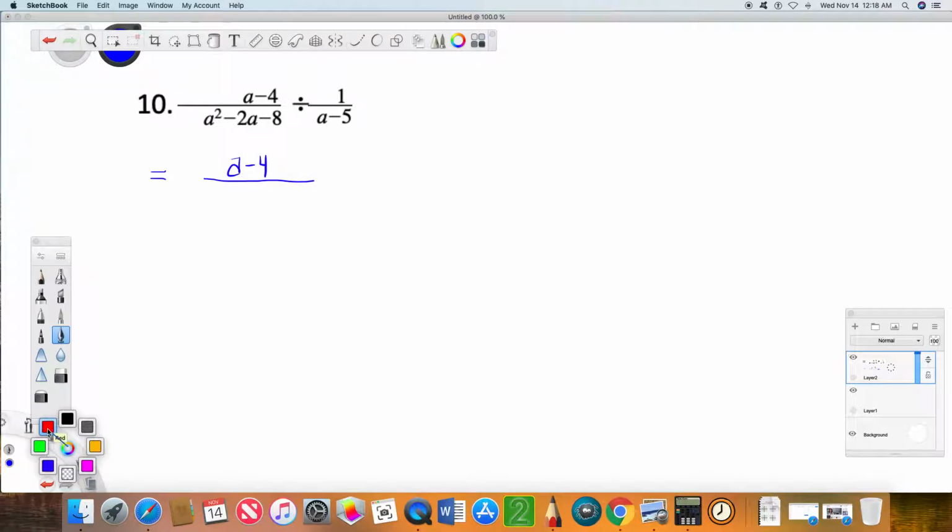So I'm going to come off to the side, and I've got a squared minus 2a minus 8. And the technique that you learned in Algebra 1 for factoring trinomials we refer to as an x method.